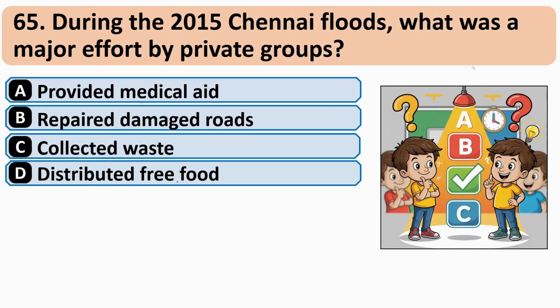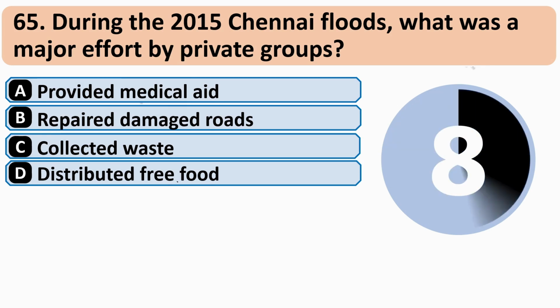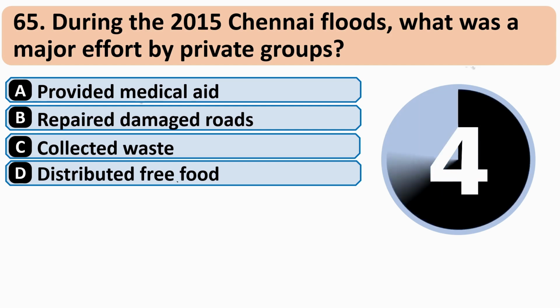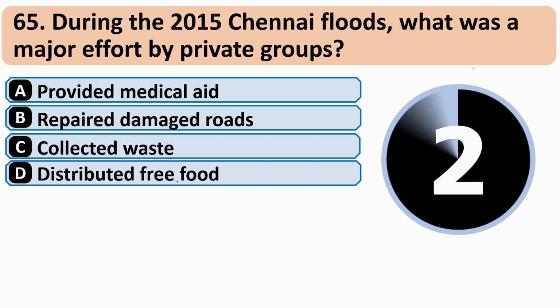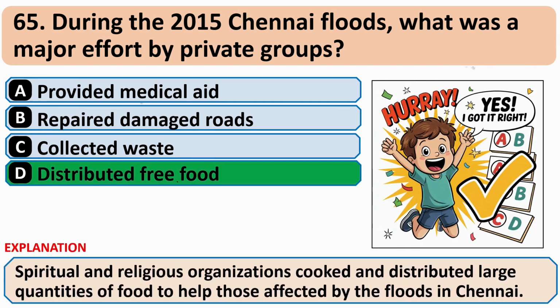During the 2015 Chennai flood, what was a major effort by private groups? And correct answer is D, distributed free food.